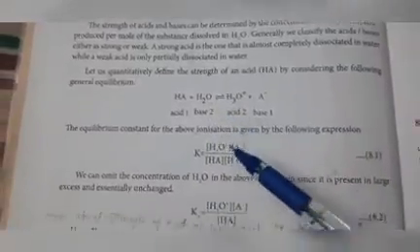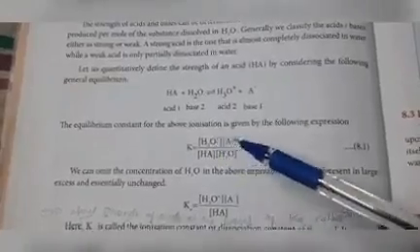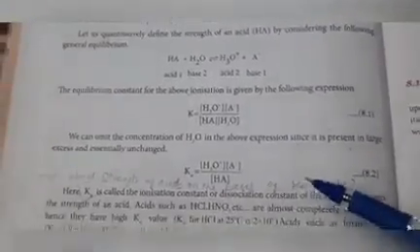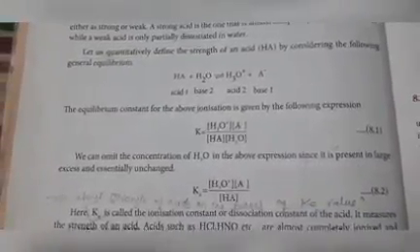For the concentration of water we can put 1. So the formula changes to K equals [H3O+][A-] divided by [HA]. This Ka is called the ionization constant or dissociation constant of acids. Remaining we will continue in our next video. Thank you.